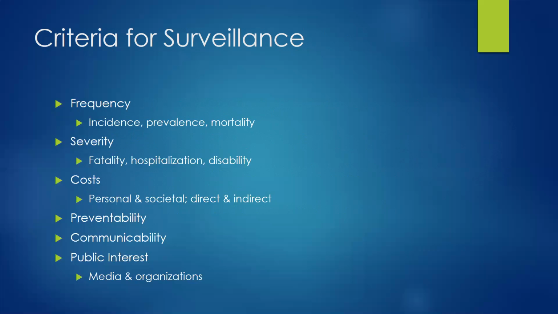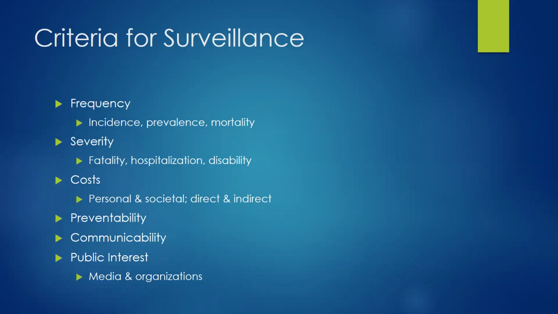We also consider costs to both individuals and society, and that might include direct costs or indirect costs. We also think about preventability. So again, if we want to use these data for public health, we want to make sure that there is some way that we could actually use them to inform practice. Communicability is another factor. So if the disease or condition that we're looking at could easily be spread, that might make it more likely that we'd want to do surveillance on it.